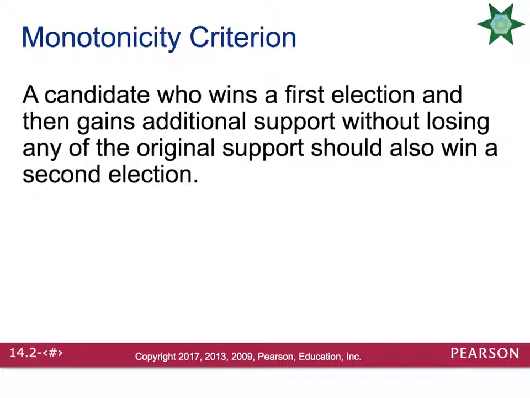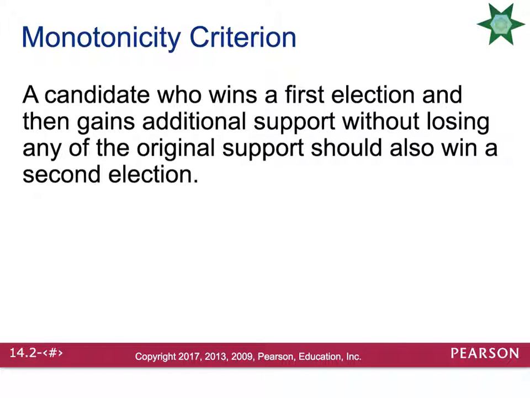If a candidate gains votes at the expense of other candidates, then this candidate's chances of winning should increase. If that candidate was already leading, then the candidate should still win with additional votes. So sometimes when you do repeated elections, the person that was in the lead and gains strength actually ends up losing.